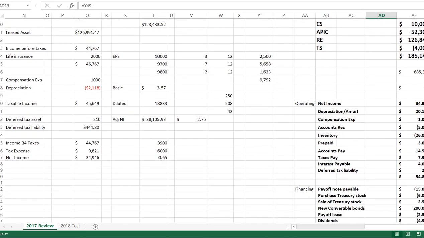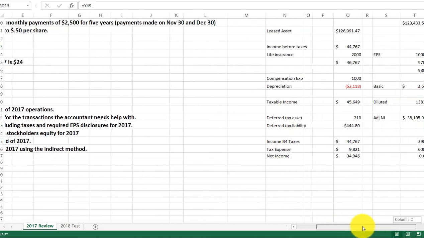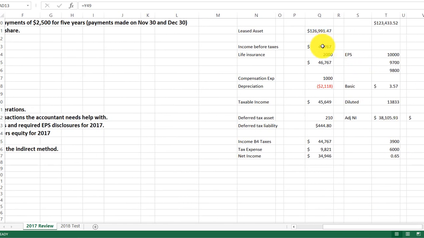Calling upon what we know about deferred income taxes, we do our two columns. We have our income before taxes that we just found, life insurance, so one permanent difference. Okay, get 46,767. Compensation expense is a temporary difference.